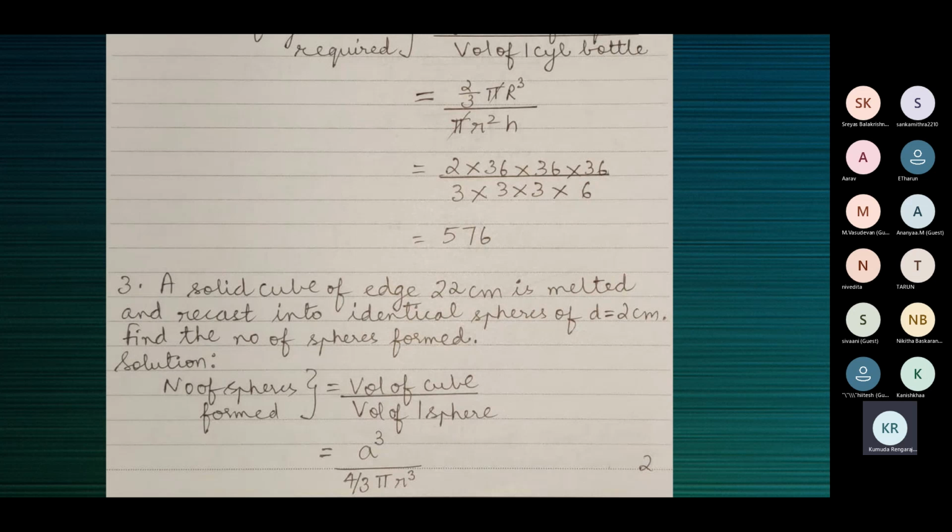Just imagine you're doing this with clay. You have some amount of clay with you, and using that, you make many spherical marbles.